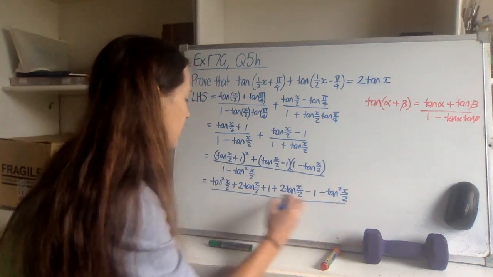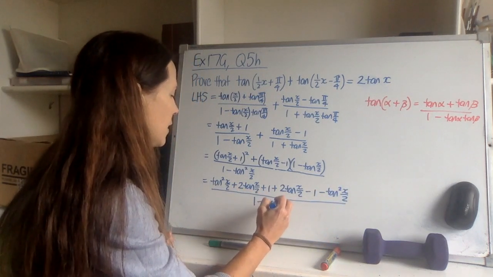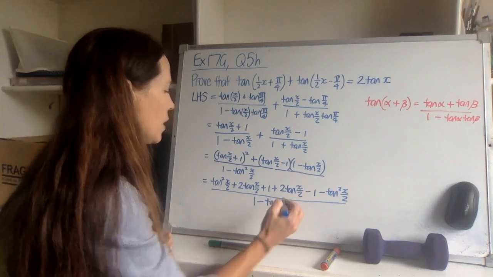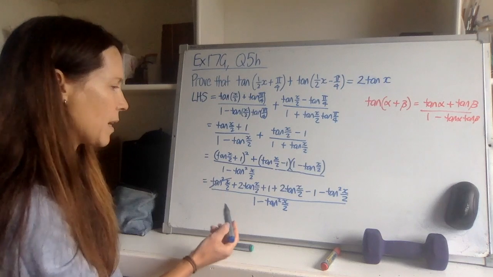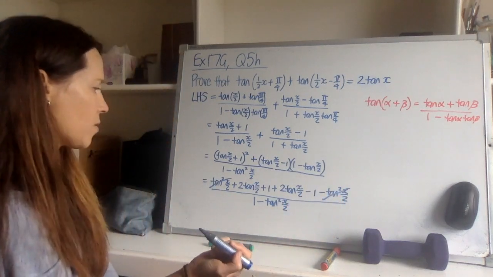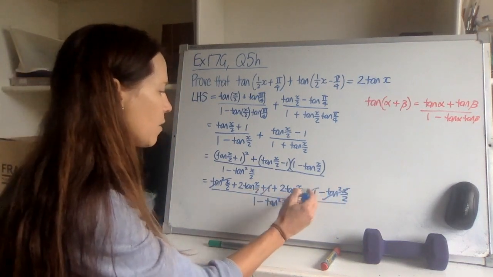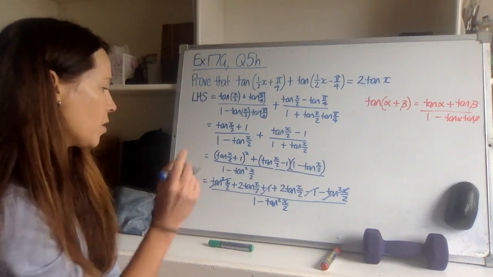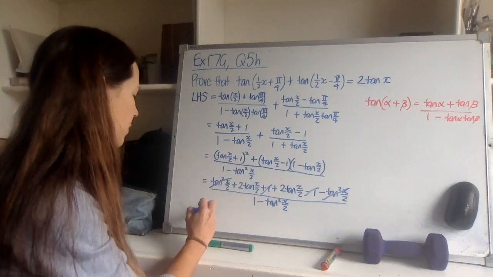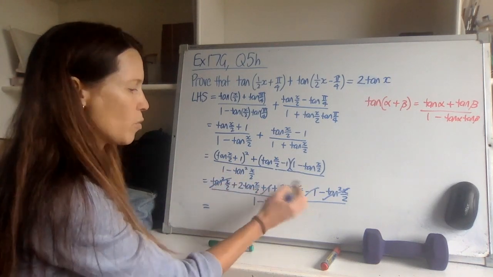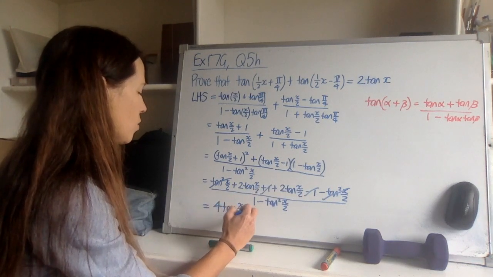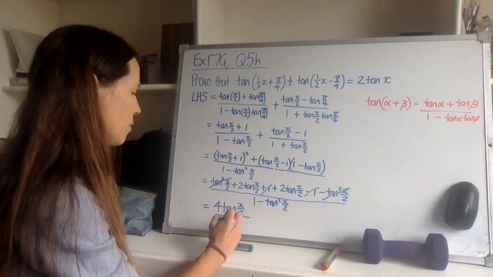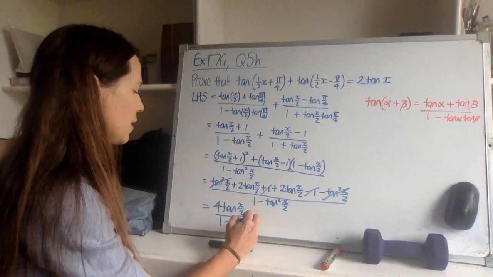And the whole thing is over 1 minus tan squared x on 2. Now, you can see here that some of our terms are going to cancel out. Tan squared x on 2 and minus tan squared x on 2. And we've got 1 and minus 1, so they're gone. So tidying up on the top, we've got 2 tan x on 2 plus another 2 tan x on 2. That gives us 4 tan x on 2 over 1 minus tan squared x on 2.